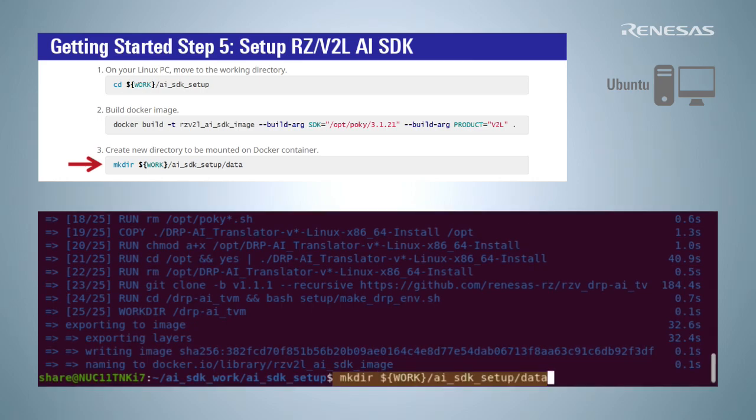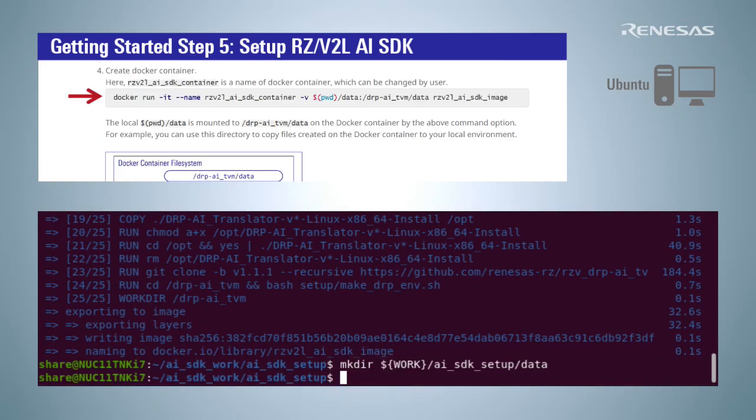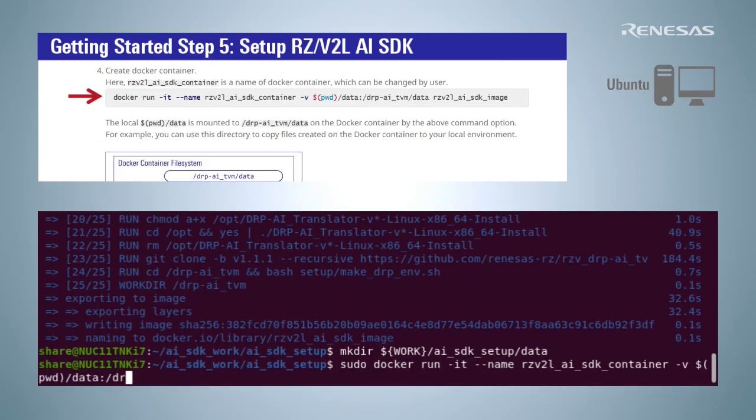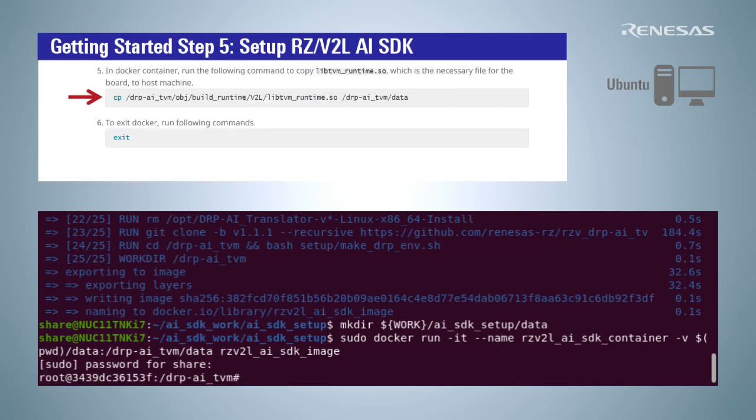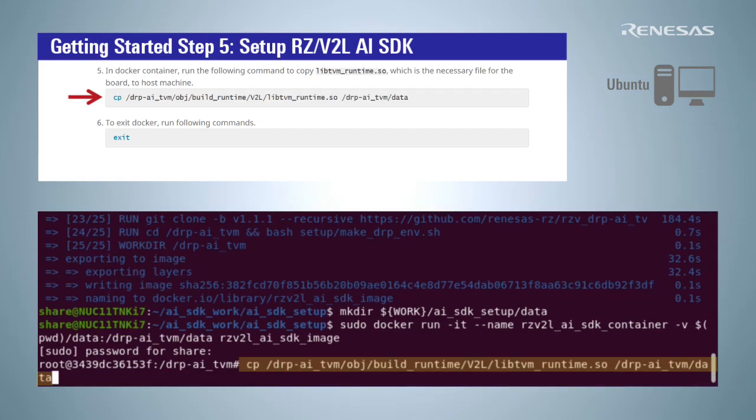Create new directory for Docker container. Run the Docker container. Copy the DRPAI-TVM runtime for later use on board.